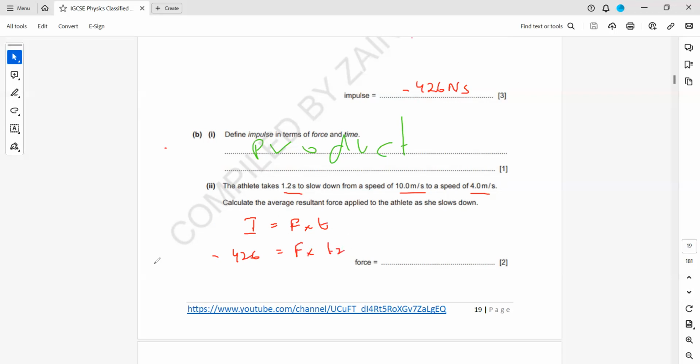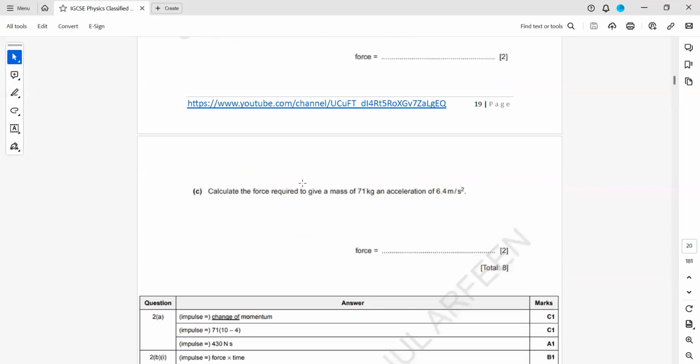So 1.2 is multiplied on one side, the other side will be divided. So negative 426 divided by 1.2. What is the force? 426 divided by 1.2 gives 355 newtons. A negative answer shows that it is opposing the motion, or the object is decelerating.